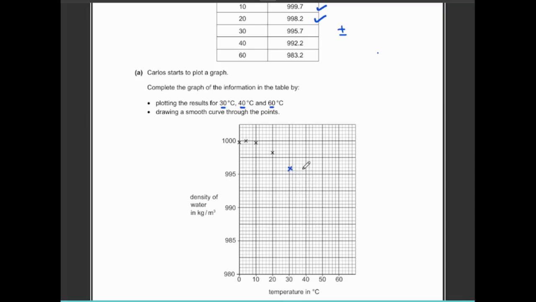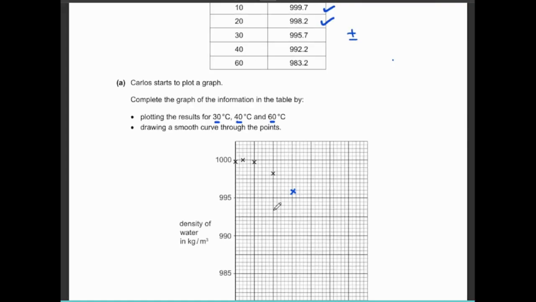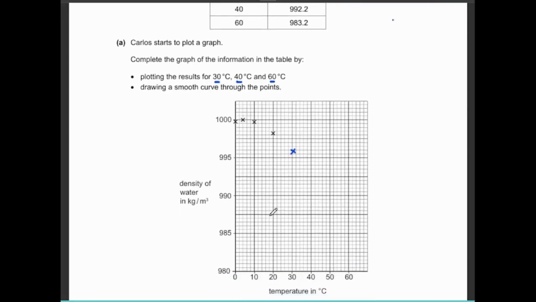At 40, let me just zoom in, there you go, 992 at 40, so it should be around this, and we'll mark it here. And the last one is 60, and they have mentioned 983, so 983 should be on this one.